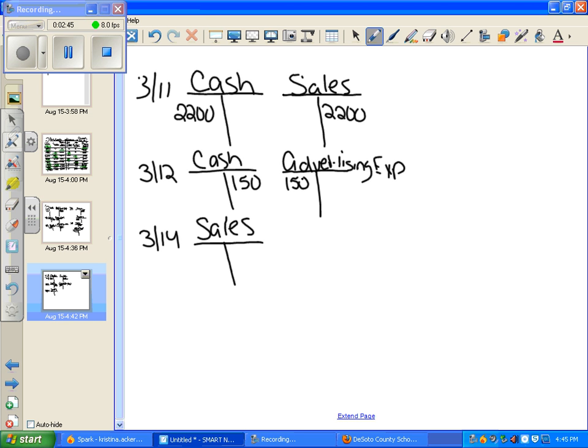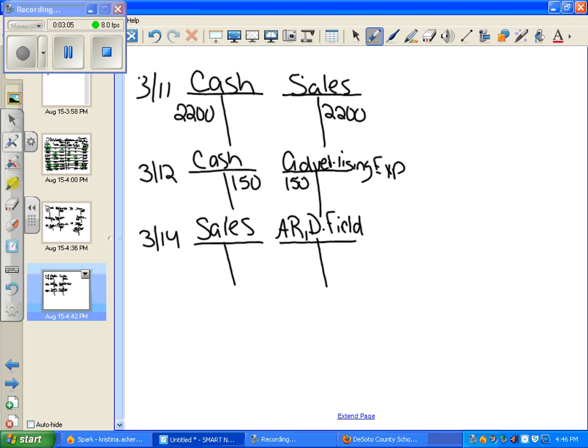So Dominic Field is going to owe us money. And when someone owes us money, that's an account receivable because we have a right to receive that money from them. So we're going to abbreviate that. AR stands for accounts receivable, and then we're going to write D Field for Dominic Field.